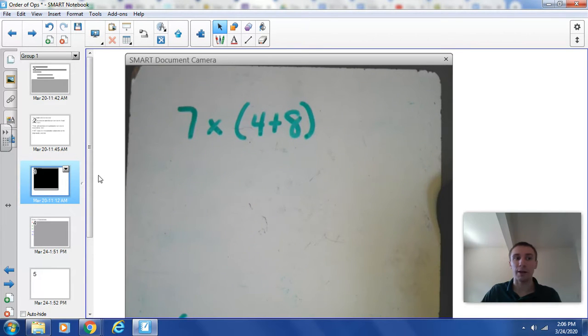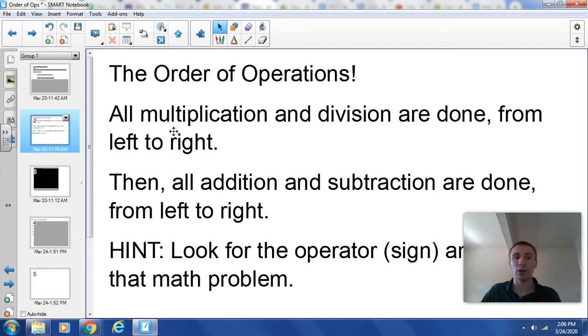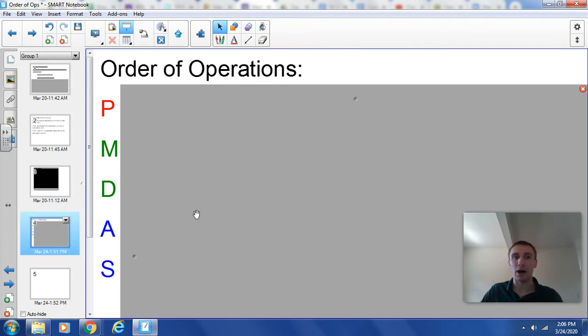So yesterday, we were talking about multiplication and division being a little bit more important than addition and subtraction. This is what we were talking about on Monday and Tuesday this week. Today, we're going to add in another step. And when we do that, we can think about following PEMDAS as our acronym to help us remember the order of operations.